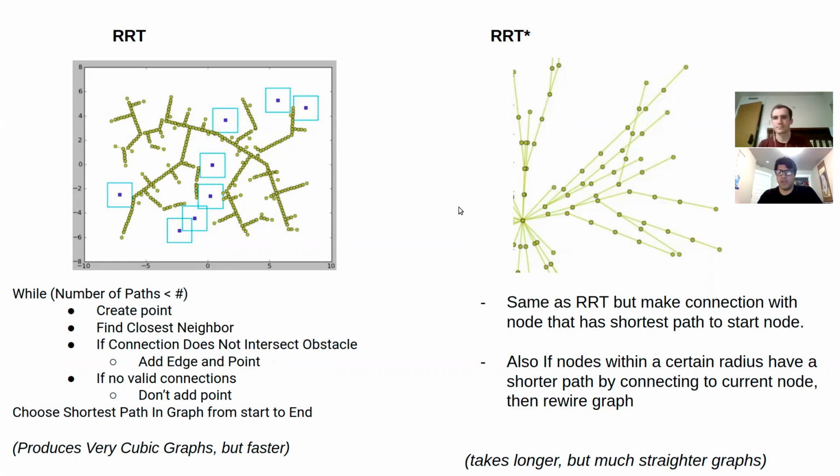However, it chooses a radius, and instead of choosing the closest point to the randomly generated node, it chooses the node within a radius that has the minimum path to the starting point. And then also within that radius, any node that would have a shorter path by connecting to it is also connected to it, rewired. It takes much longer, but it produces these better looking graphs.